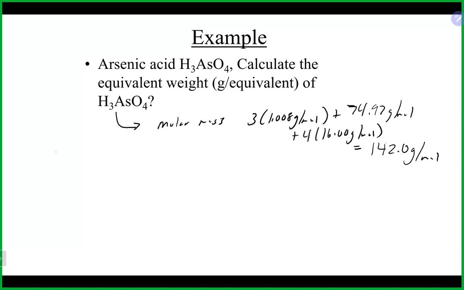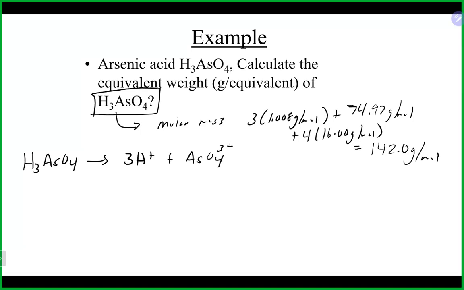When we look at this acid, it is a triprotic acid, which means it can donate 3 H pluses when it breaks apart. That means in 1 mole of this acid, we will have 3 equivalents. So we can do a dimensional analysis conversion.